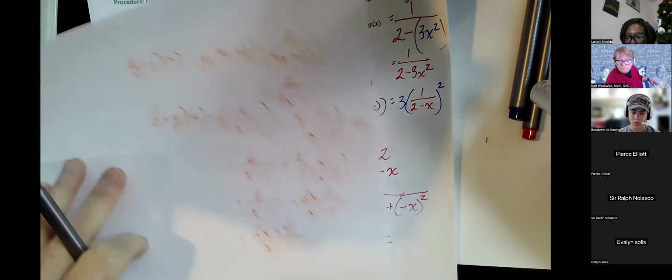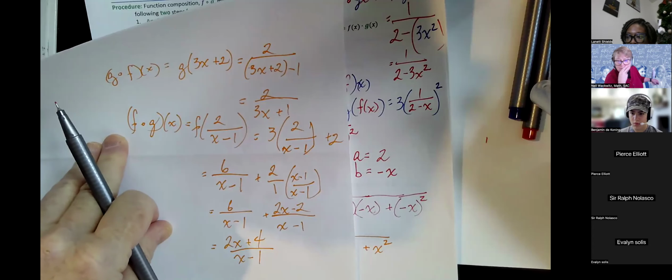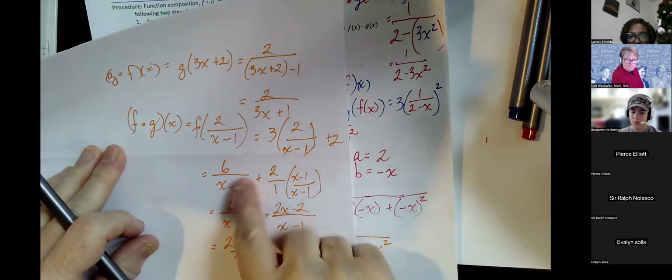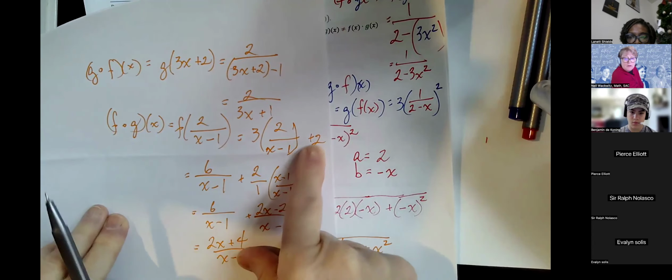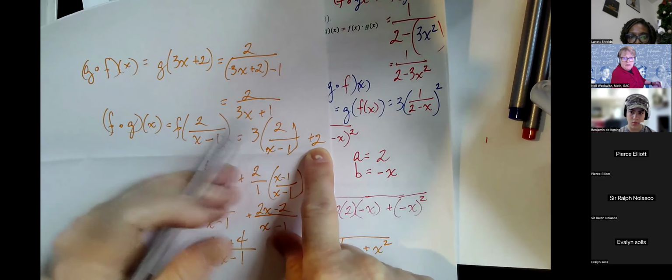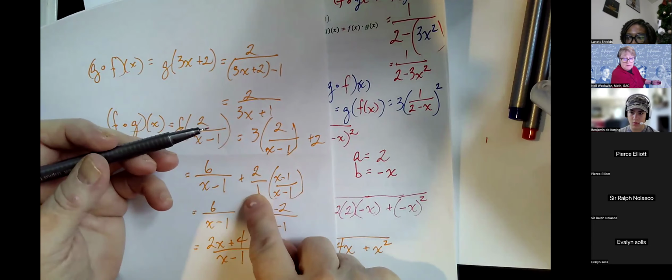So I was going to ask, I understand how you get 6 over x minus 1, but how do you get the plus 2 over 1 times x minus 1 over x minus 1? So we had plus 2, and then 2 is the same as 2 over 1.